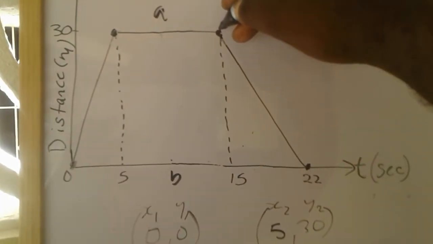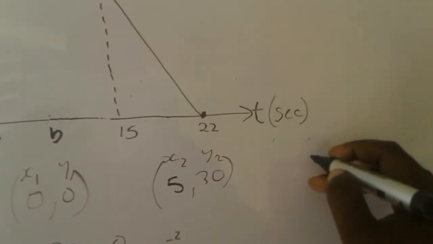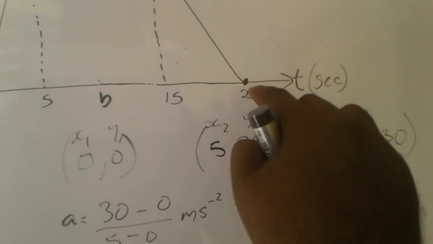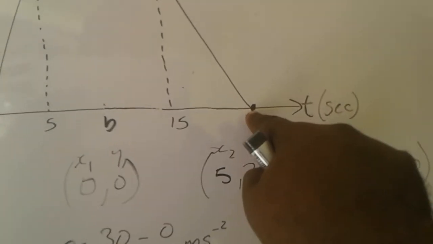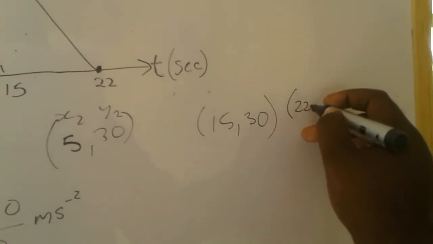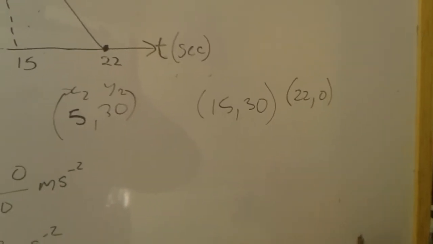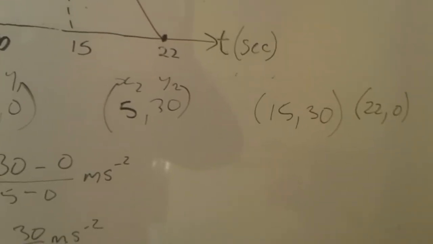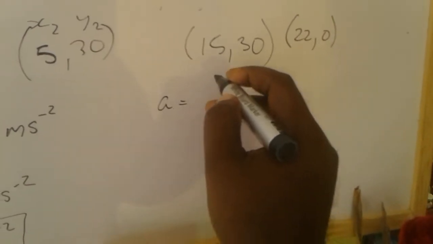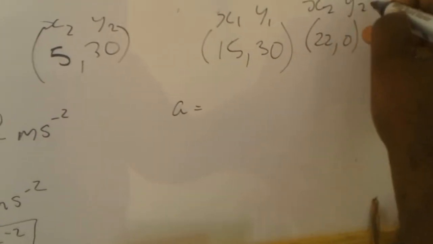Let's read out the coordinates of this point: it's (15, 30). That's 1 point. And the next point is here. We know that all points on the x-axis have a y value of 0, so this is (22, 0). So we do the same thing, calculating the gradient. This is x1, y1, x2, y2.